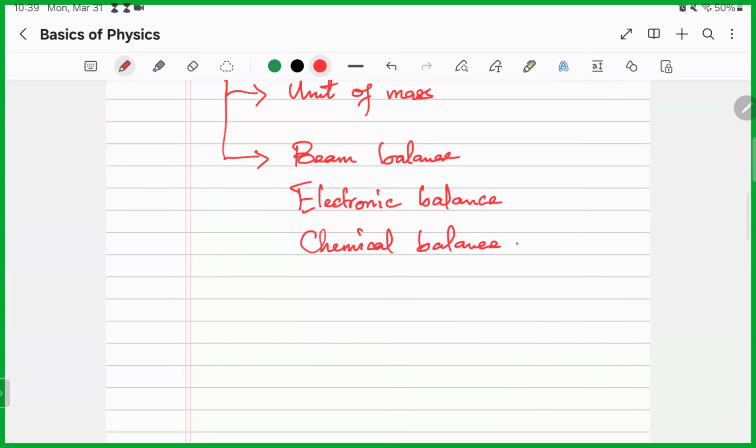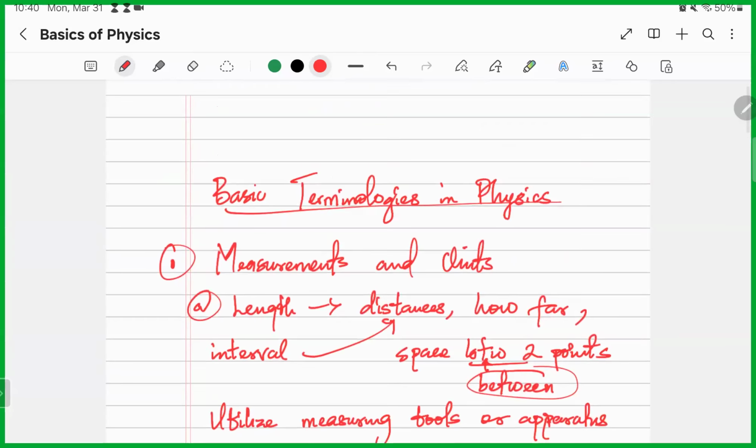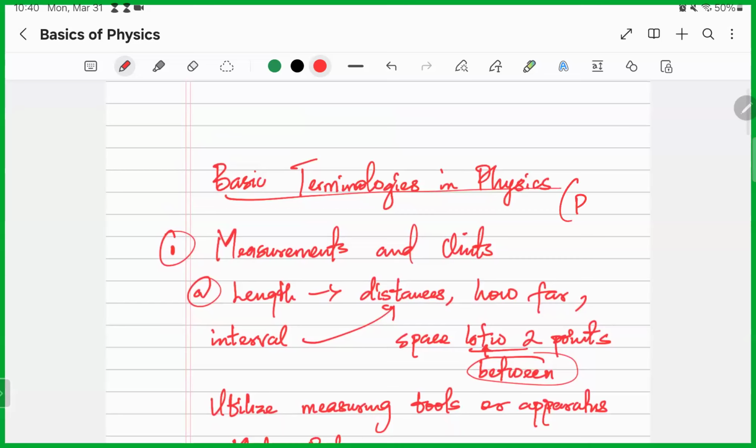So the next terminology to talk about is time. Time has its units. I'm going to talk about the unit of time. The fact I'm talking about basic terminologies in physics is just me giving you some rough content that we're going to build on.